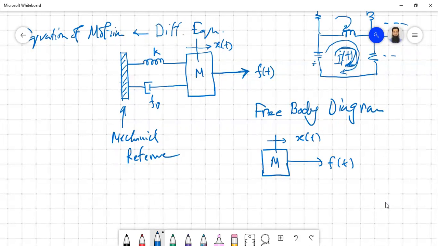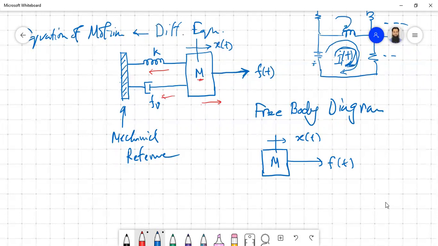If you apply force on this mass, the force will try to drag the object in this direction. Just like in the electrical system, all the parameters try to oppose the voltage. Similarly, in the mechanical system, they will try to oppose the direction. The mass itself will try to oppose the force, the spring will try to hold it back, and because of friction, it will also be opposed.